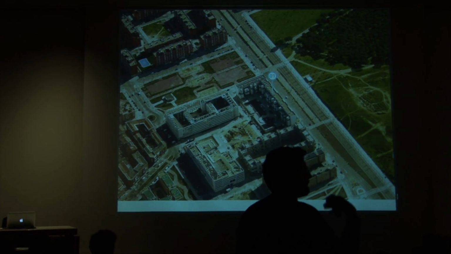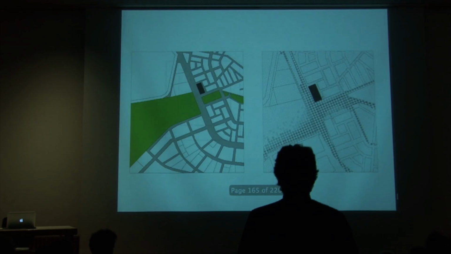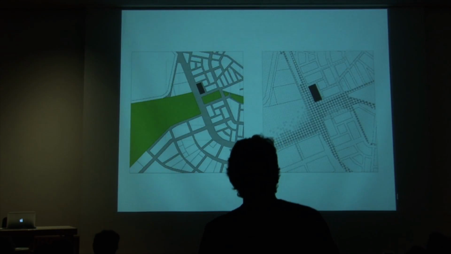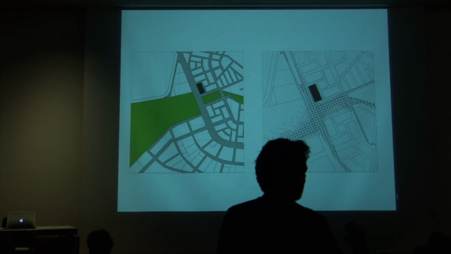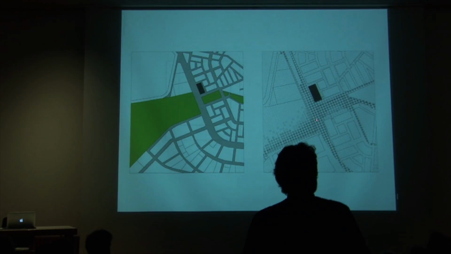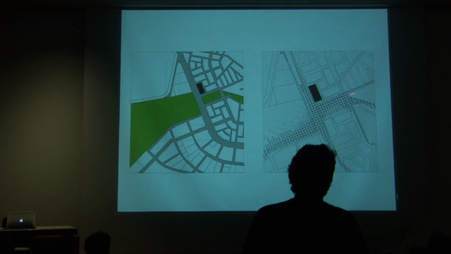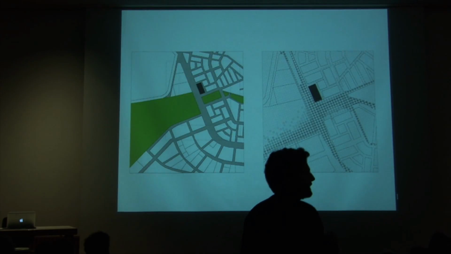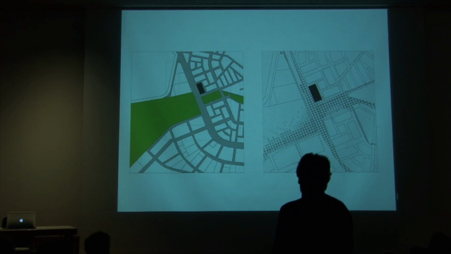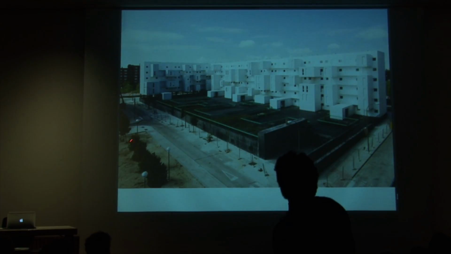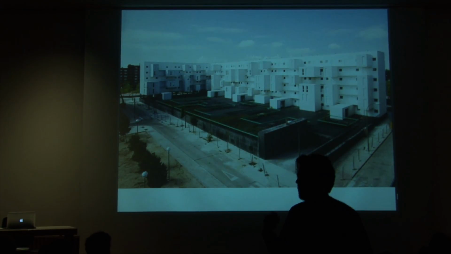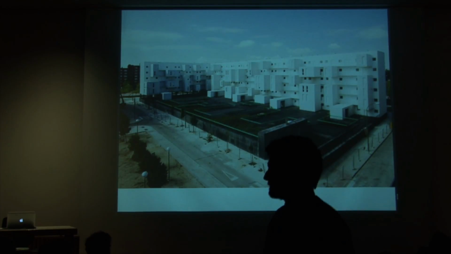So all the houses are facing south and they have direct light throughout the year. At the same time, we are able to get a collective space, and that collective space is protected from the noise of the big avenue, and it's facing the interior part of the block that is more quiet. So we are able to get this collective space with better conditions.